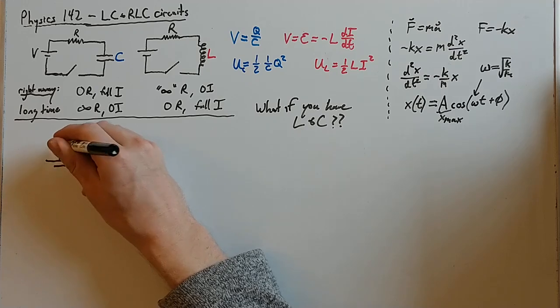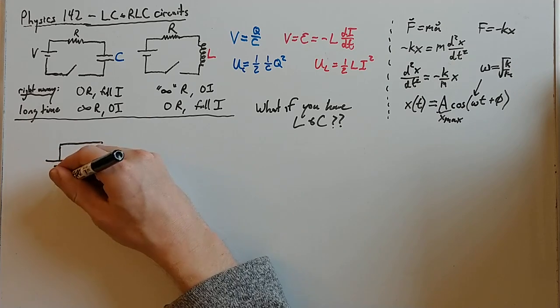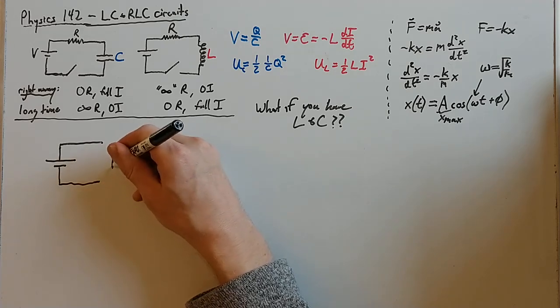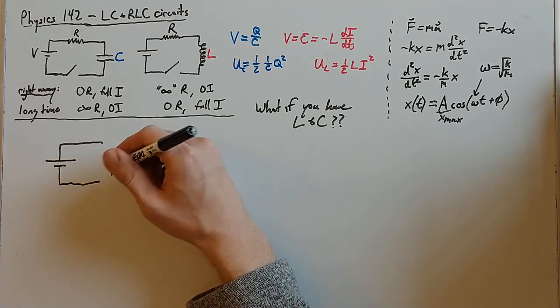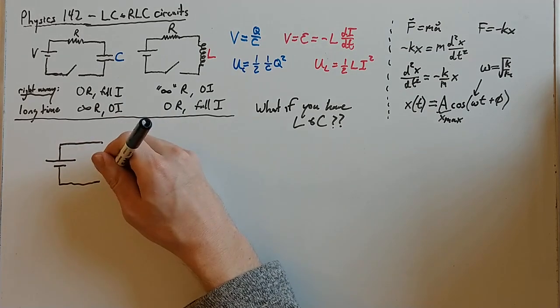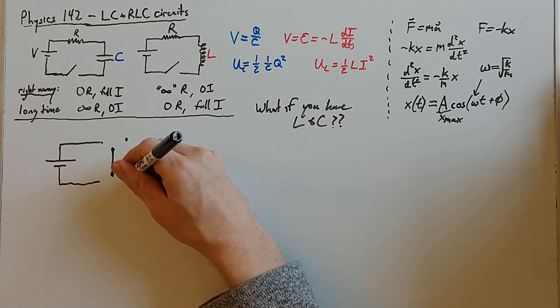I'll have a power supply, and my circuit's going to be a little funny. This is not going to look like maybe a circuit that you've seen before, but I'm going to have a couple of switches. Technically, I only need one, but maybe it makes it clear if I have two of them. So I'll put a couple switches in.